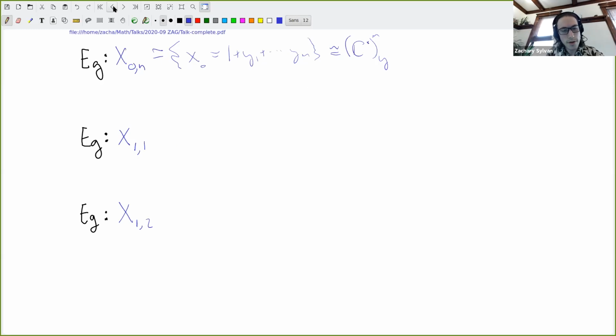Good, okay. X_{n,0}, well, that's x_0 up through x_n equals 1. There's no y's.